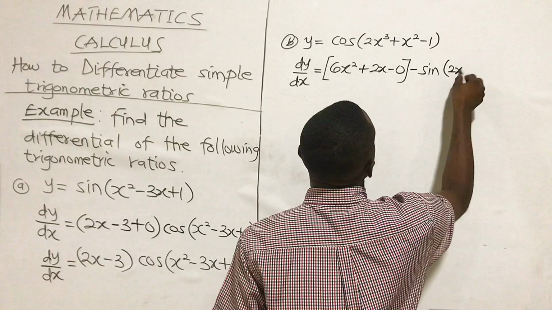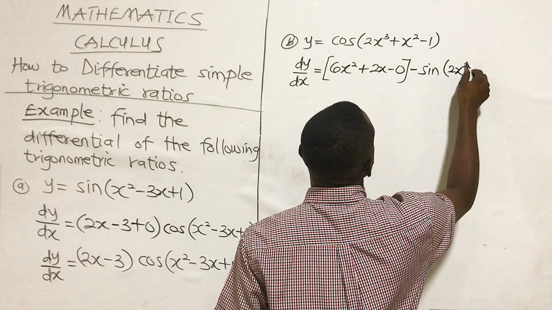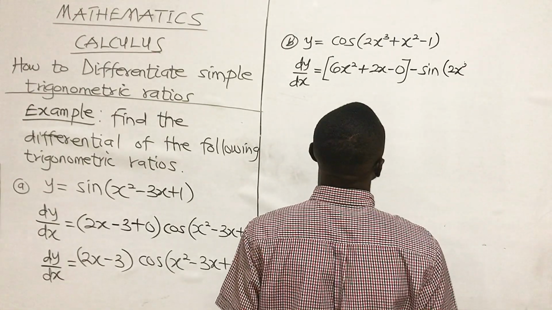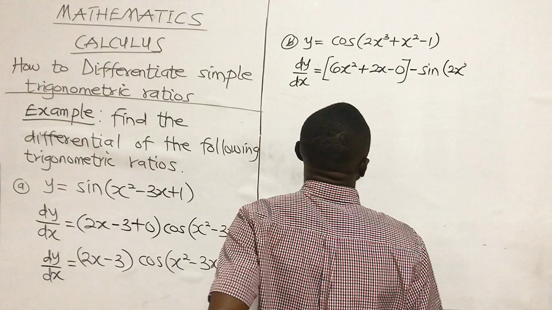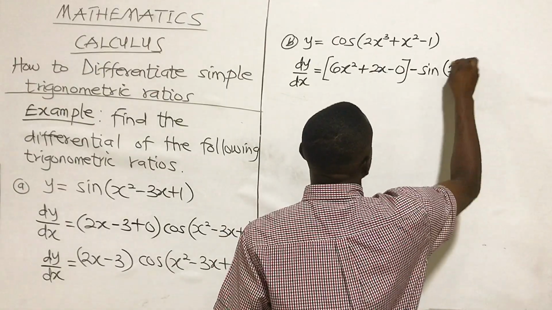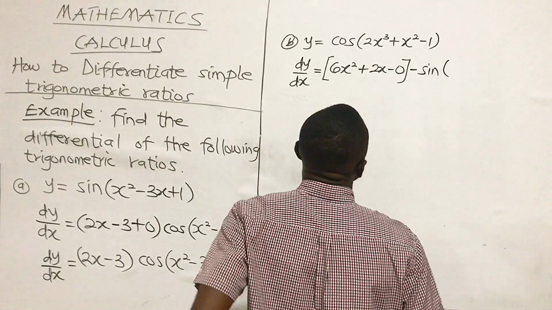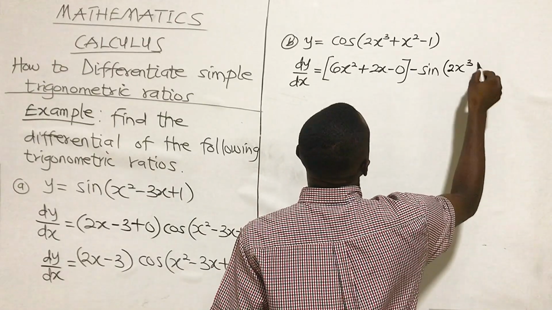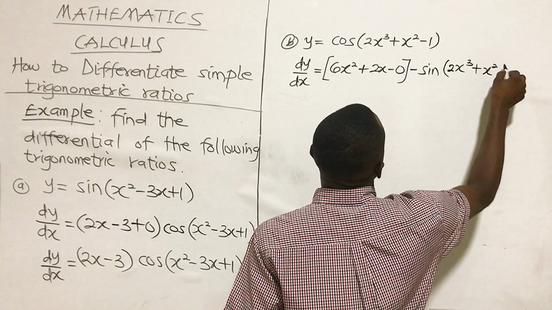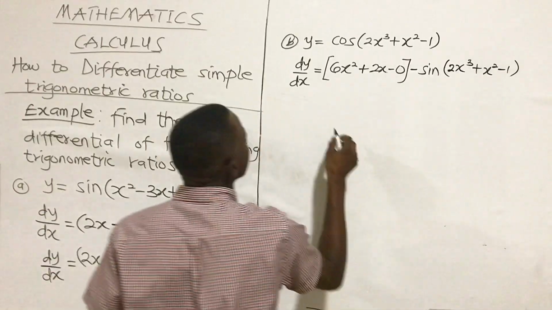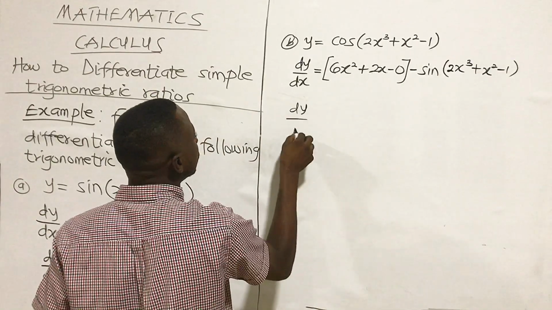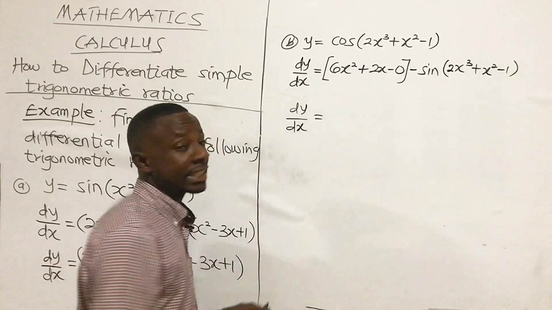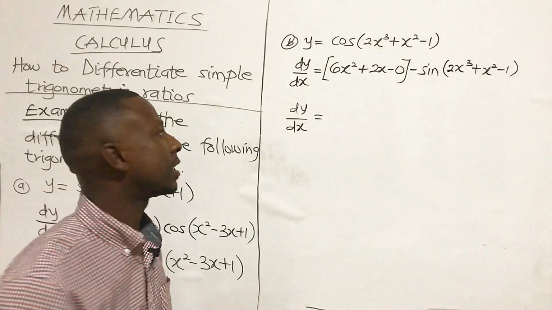So we have 2x cubed plus x squared minus 1. So now we are going to simplify and get a final answer.